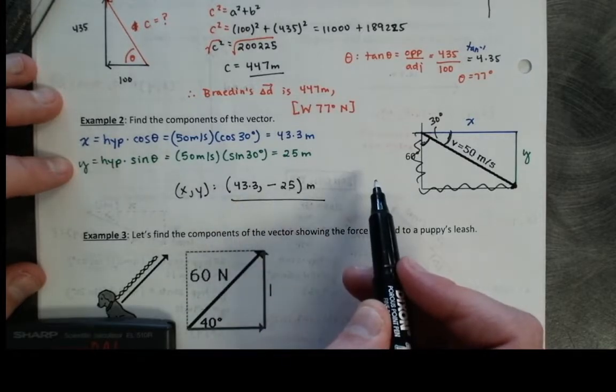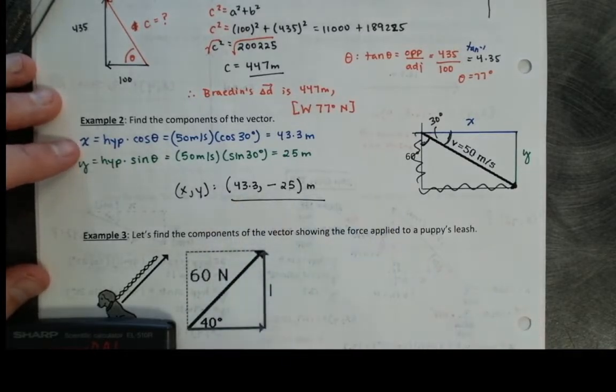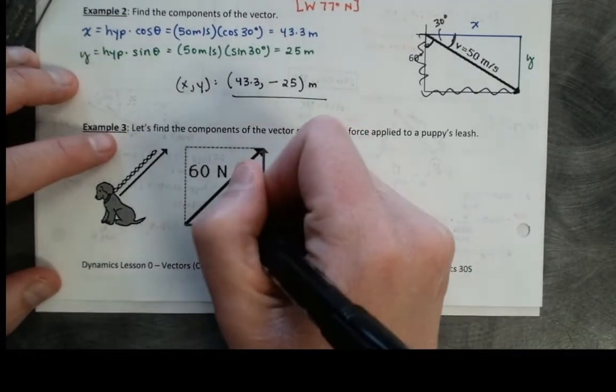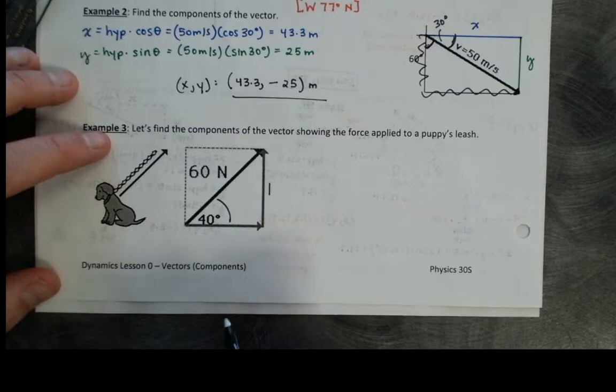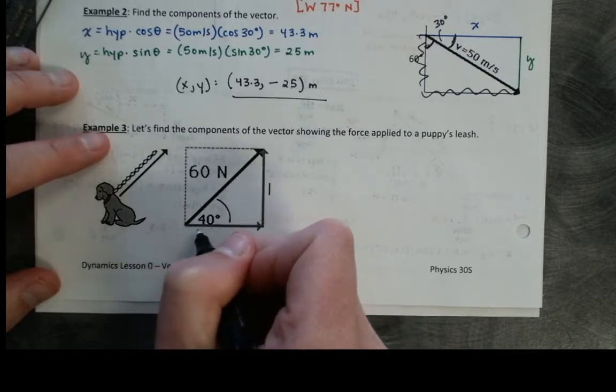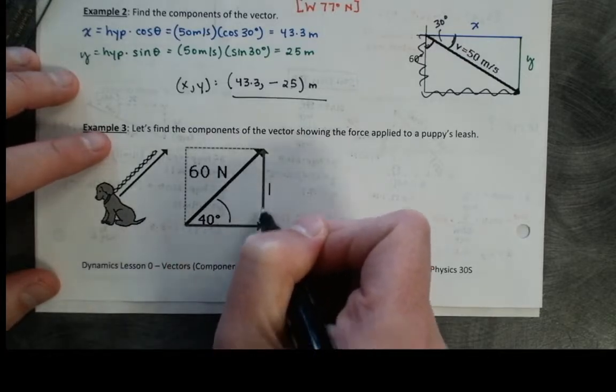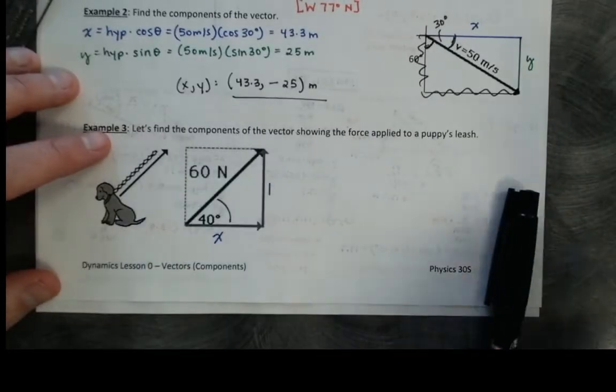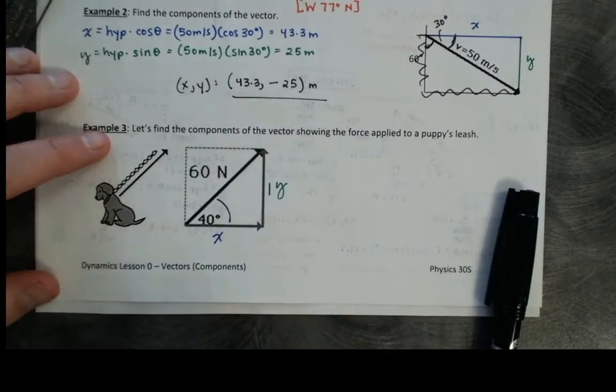Right is positive, down is negative. Okay, let's do it again. Okay, this is drawn right. We have our horizontal and we have our vertical. X, y.